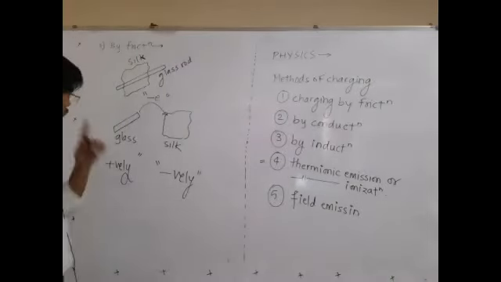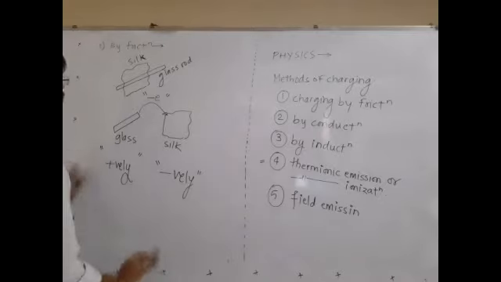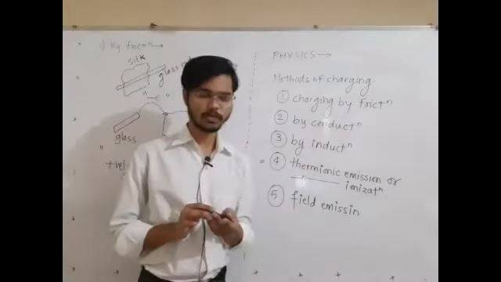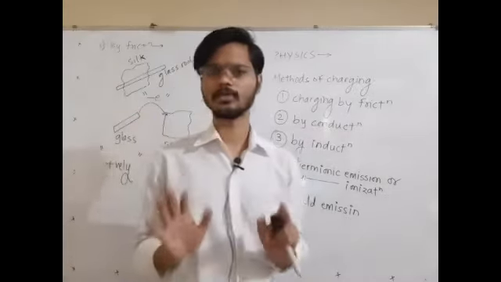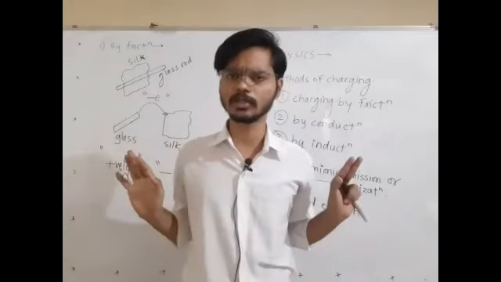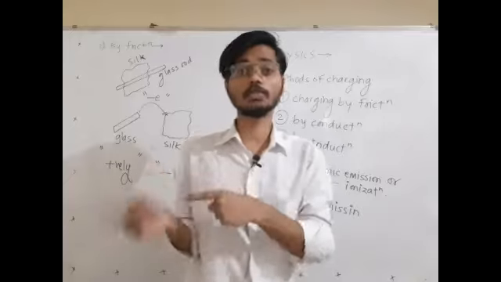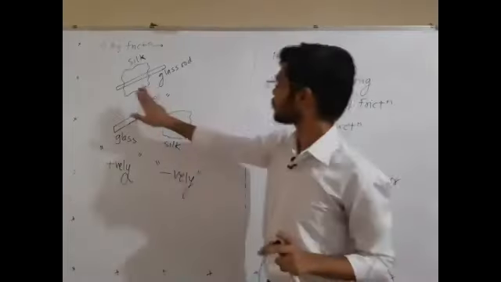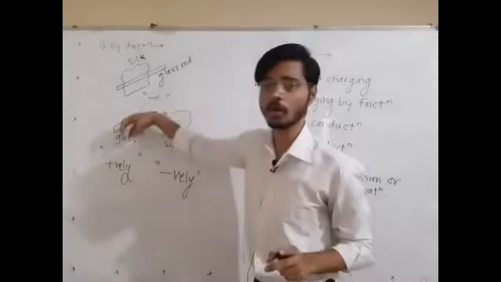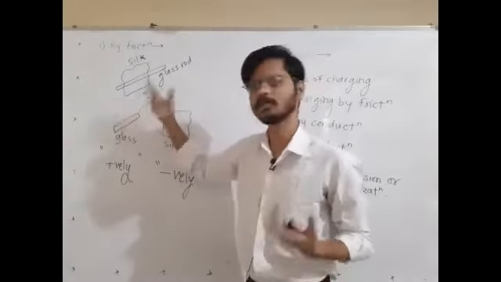This is something called charge transfer by friction. Now what happens during charge transfer by friction? Electrons are transferred from which body to which body? The body which can hold electrons more tightly will attract and accept electrons, and the other body will lose electrons.